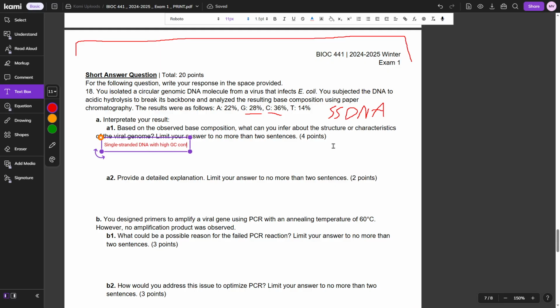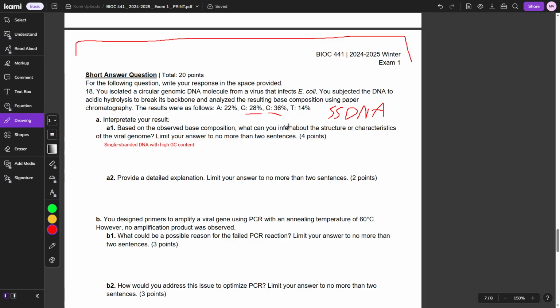Is probably what I would say. Right? So the two things you want to make observations about when you're doing these kinds of questions is the GC content versus the AT content, and whether or not it's single-stranded DNA, RNA, whatever, right? Double-stranded, whatever. That's what I would look at.